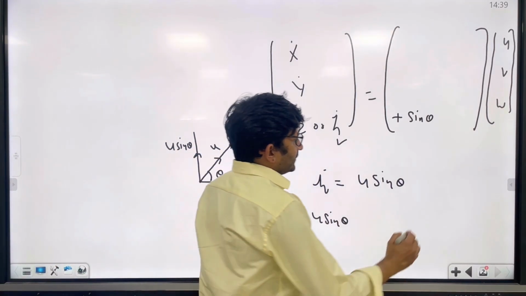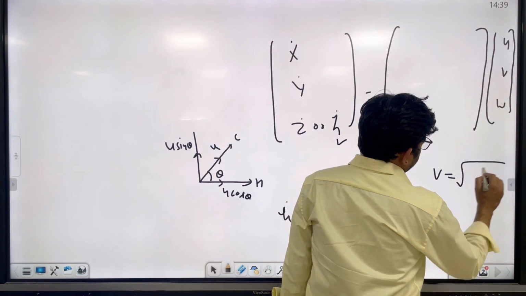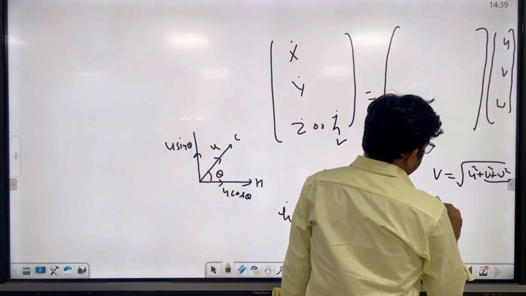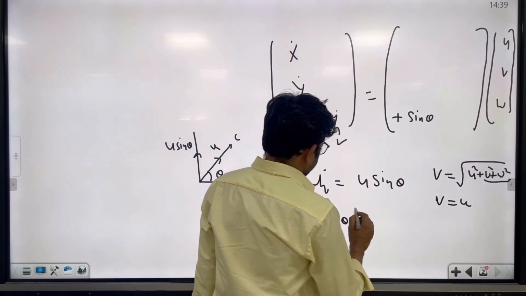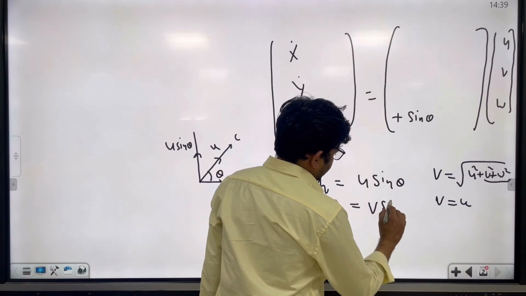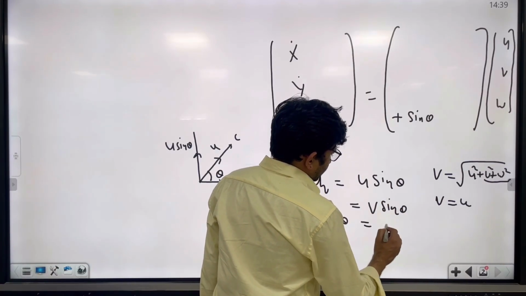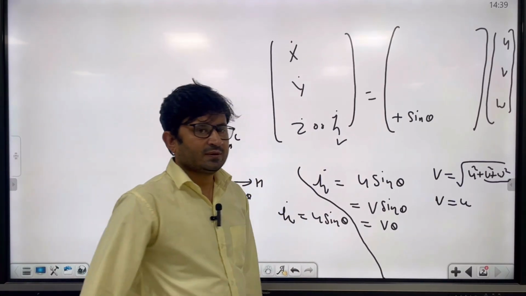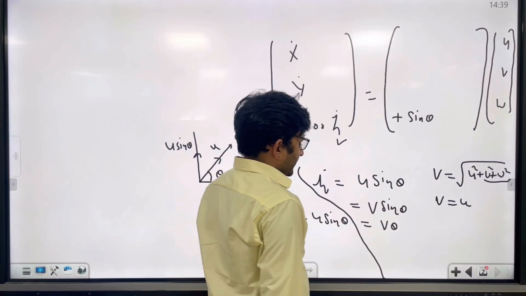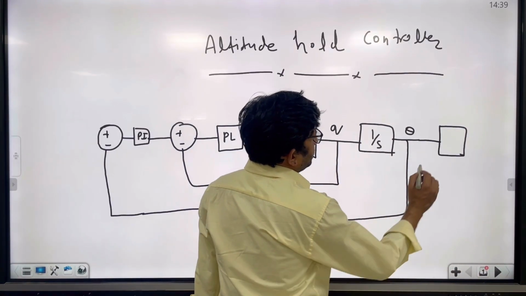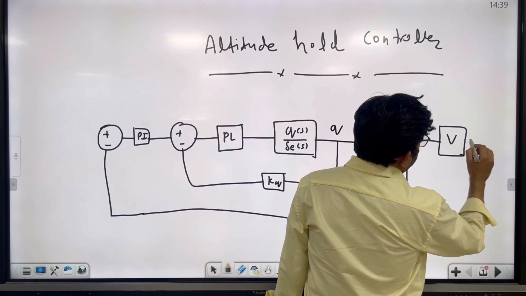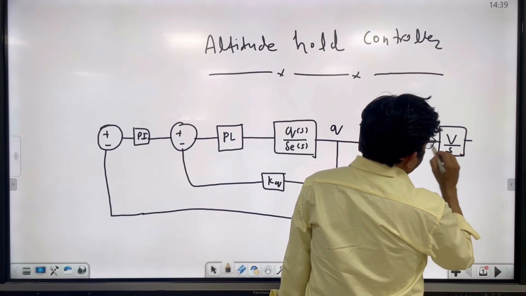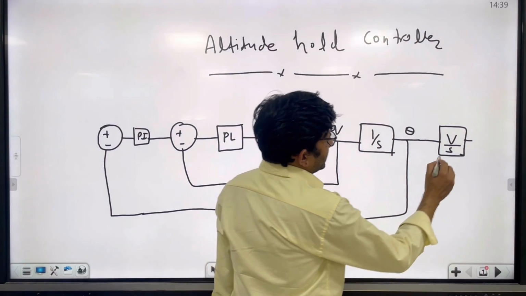Now why am I writing U, I can write V, right? Since the total velocity V is the square root of U square plus V square plus W square, right? So if this part is small, then you can write V equal to U. So I can write here simply V sine theta, and if theta is small, you can write just V theta. Okay. And if you integrate h dot, you will get h. So basically here you will multiply by V, and then when you integrate, you will get h, right?